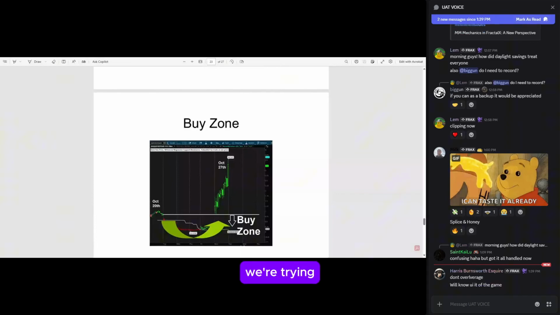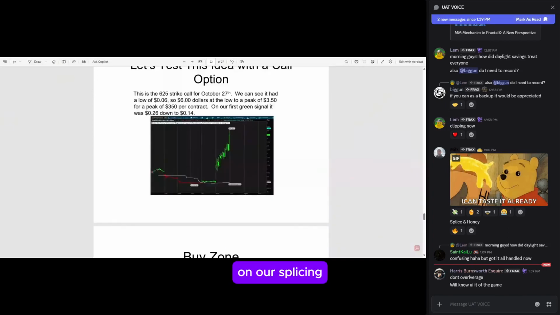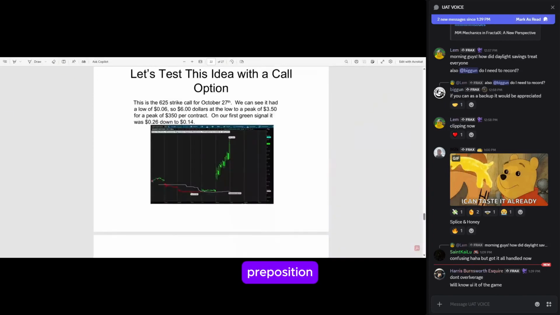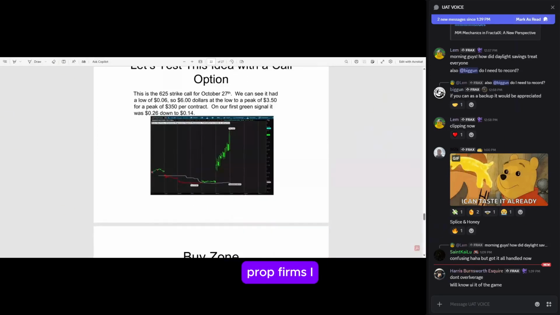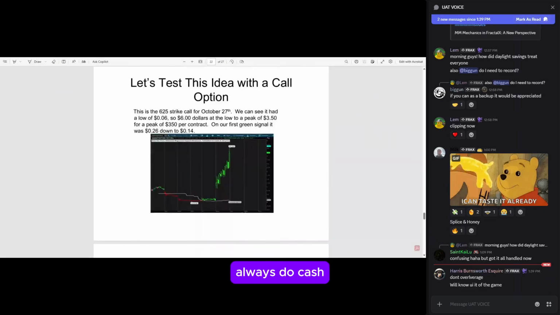But again, we're trying to use the trend in our splicing to figure out how to pre-position. And you can see below, there's a lot of people I know in here. Some people do prop firms. I always do cash accounts, because they take your money away. Basically, you get penalized for using that stuff.